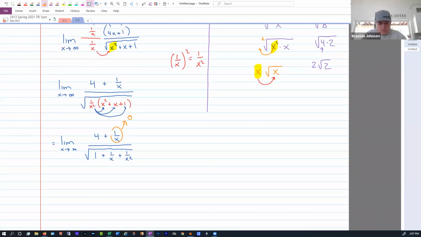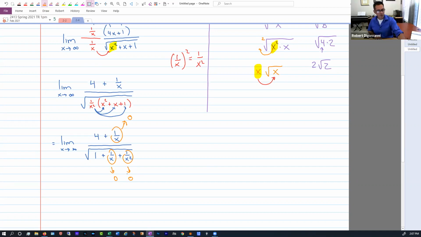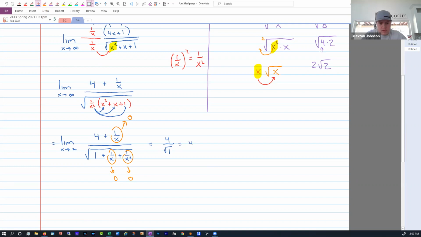The 1 over x and the 1 over x squared and the square root in the denominator. Okay, so Braxton, then what's left? 4 over square root of 1, so that would just be 4 over 1, and then that would be 4. Good. The answer is 4.